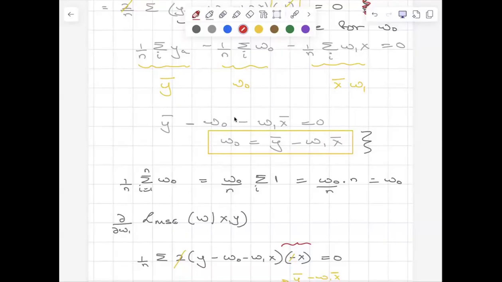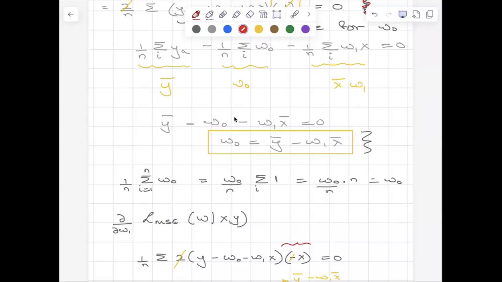Does this make sense? Any questions? Like I said, don't worry about the details of the derivatives or even the algebra. The high level picture is something you guys should be able to explain. That I've got data, I'm going to model it as a linear function.